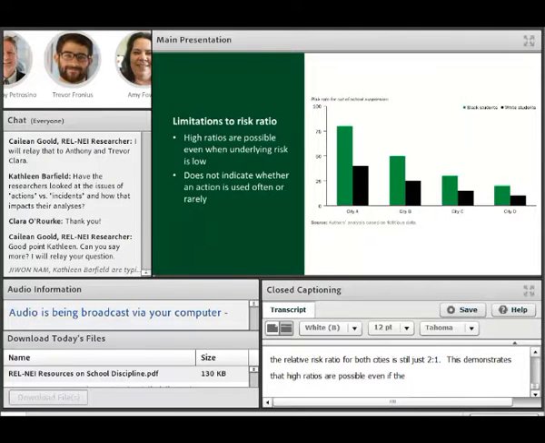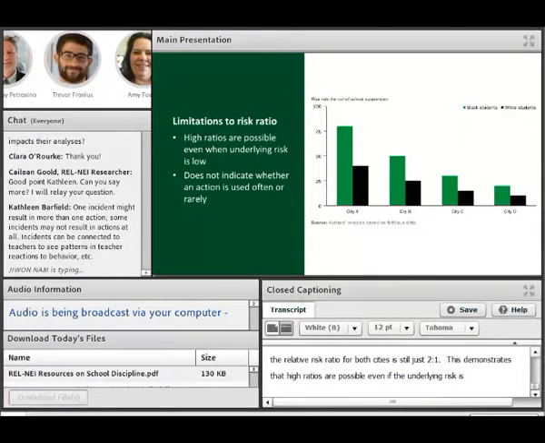So this could be an issue if your goal is to discover whether large differences are driven by potentially excessive or unnecessary disciplinary action. Another limitation that should be fairly intuitive is because this is based on division, if the comparison subgroup has no suspended students, when we're talking about exclusionary discipline, the ratio simply cannot be calculated.